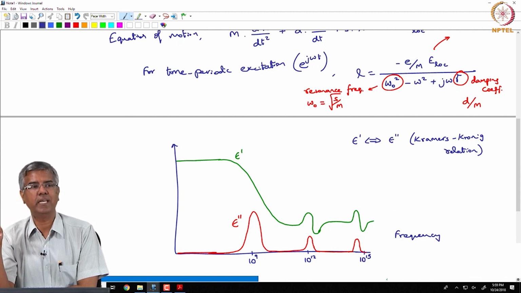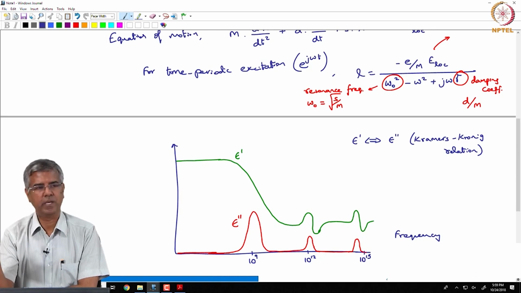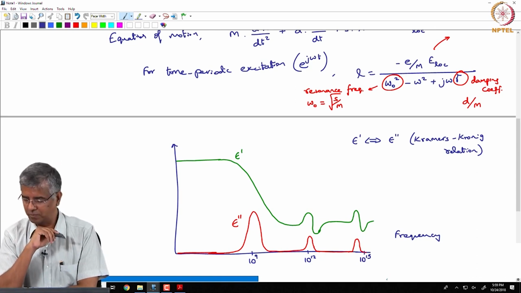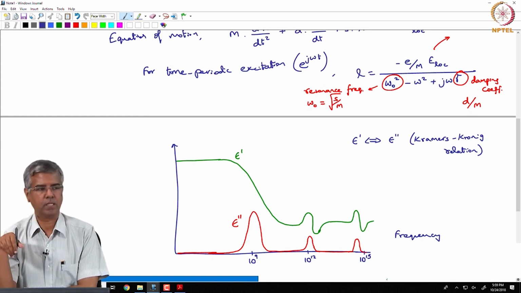That susceptibility is directly proportional to this displacement. So, that is how we are tracing our way back to that permittivity. Susceptibility is a function of frequency, yes. That is what we are saying.